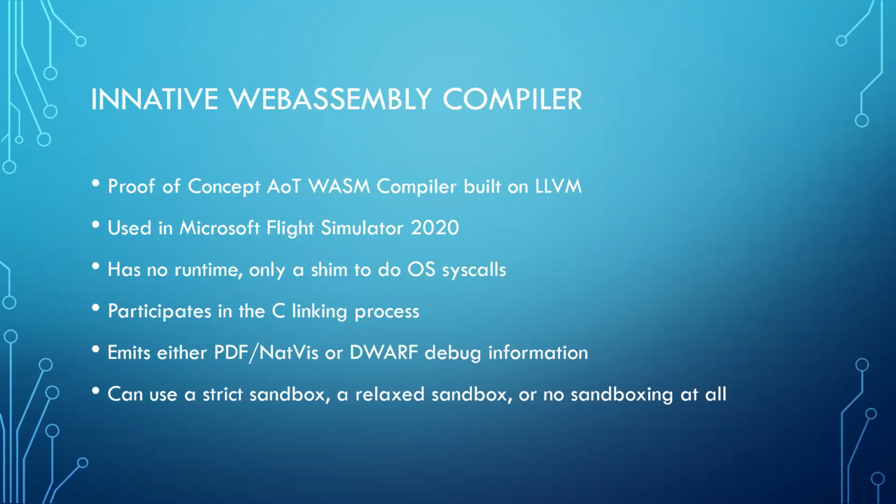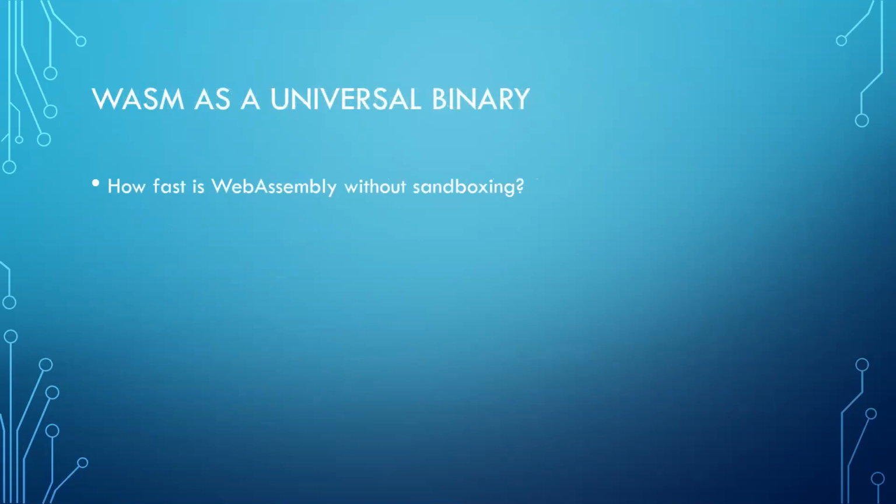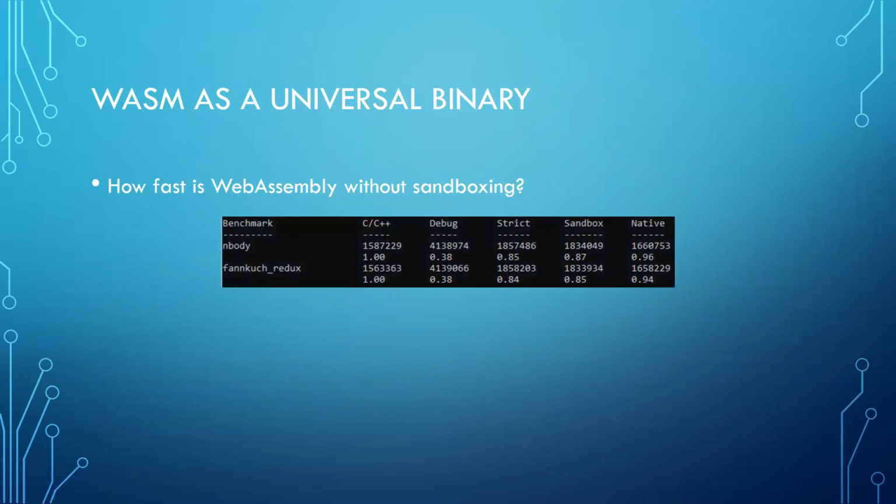And one of the major questions we wanted to explore was how is WebAssembly viable as a universal binary? And the question is, how fast is WebAssembly without sandboxing? And the answer is very.